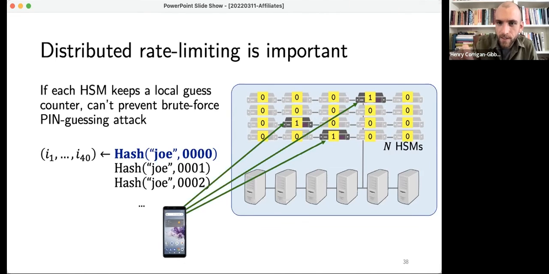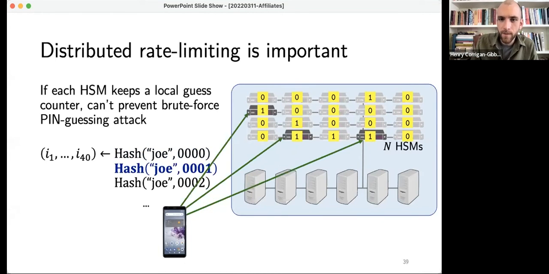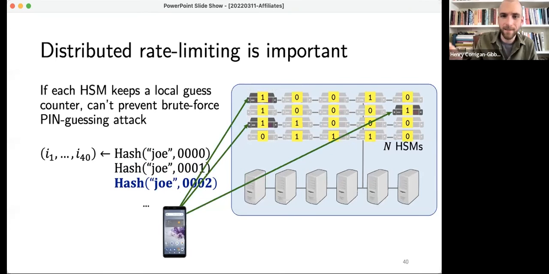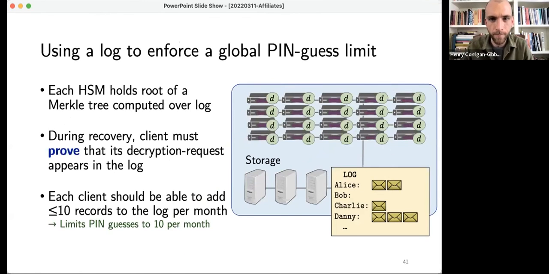So if the HSMs are keeping local counters, then when you make the first guess, this set of HSMs will increment their counter. When you make the second guess, this set of HSMs will increment the counter. When you make the third guess, it's a different set of HSMs. You'll see that the attacker will get many guesses at the PIN before any of these HSMs hits, say, counter value 10. So we have to do distributed rate limiting or else security is essentially broken.